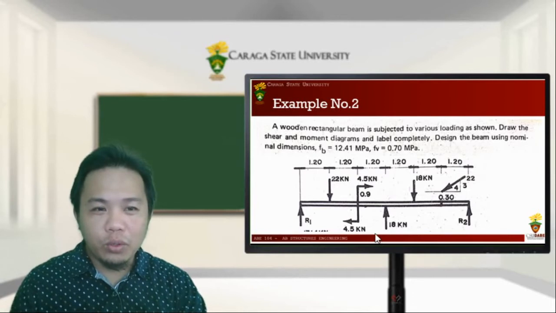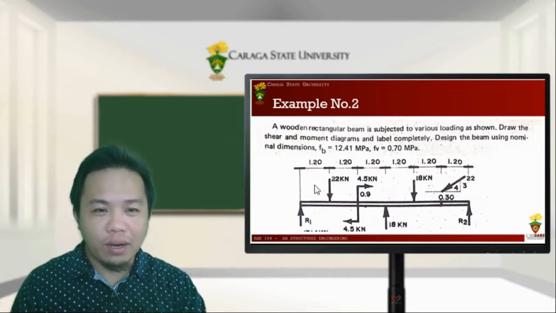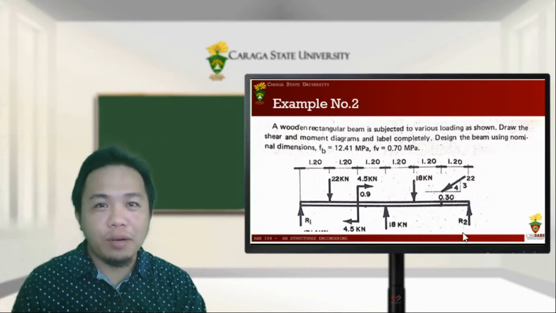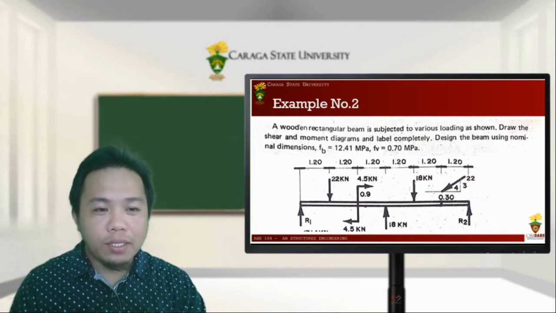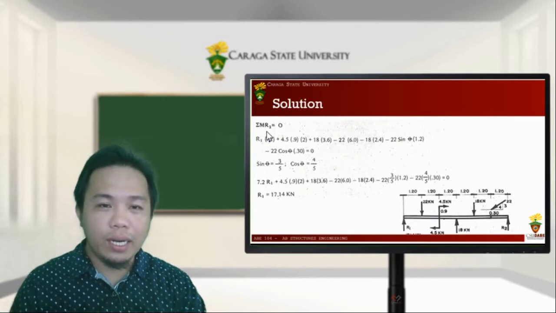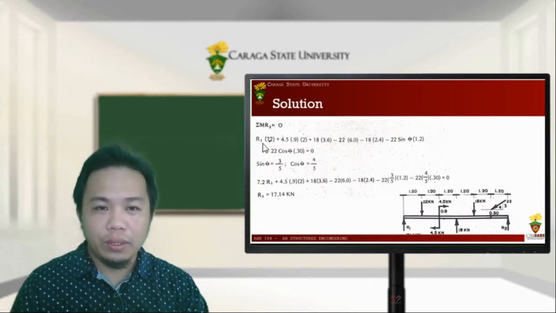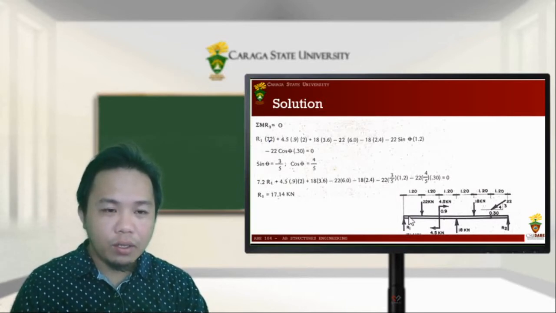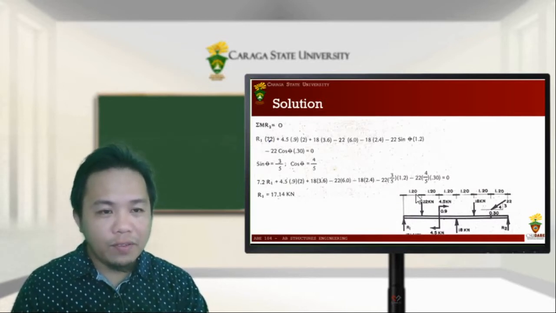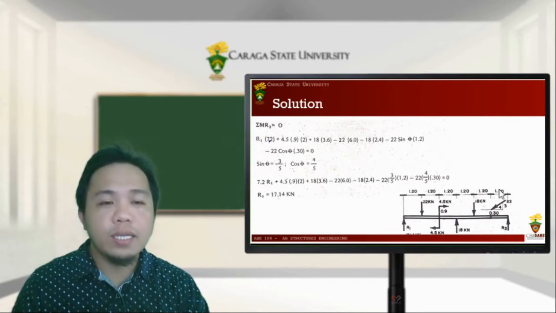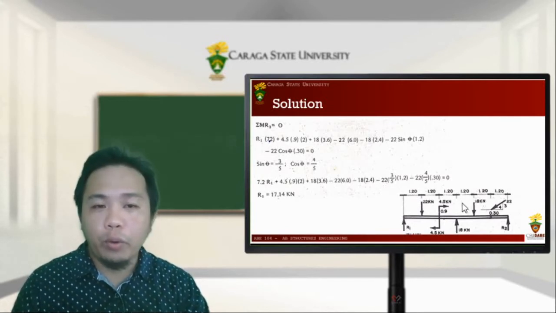First thing we need to do is to calculate reaction 1 and reaction 2 in order for us to draw the shear and moment diagram. Let's start with summation of moment at R2 equals 0. The first component is R1, having a perpendicular distance of 1, 2, 3, 4, 5, 6, so 6 times 1.2, which gives 7.2.